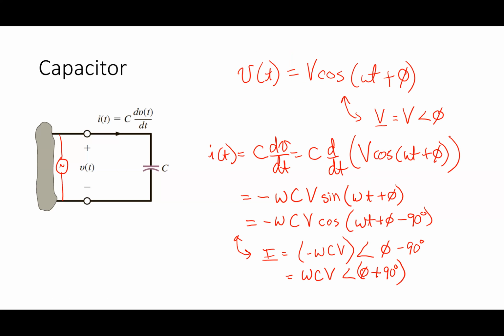Let me read it this way: I is equal to some magnitude and some angle. What is the angle in this case? It's phi plus 90 degrees. What about the magnitude of I? Omega C times V. Okay, let's summarize that.